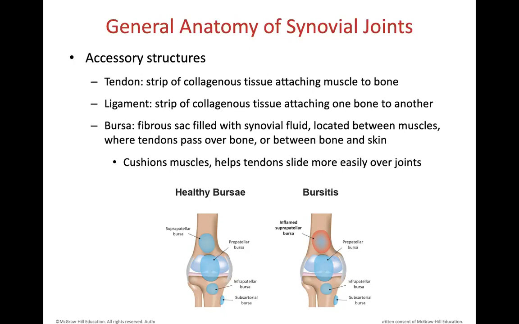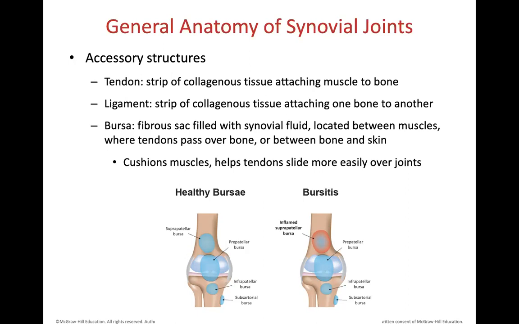You may have heard the term bursitis before. I feel like that's something that typically older people get, but younger people, if they're really active, it can happen as well sometimes. The bursa, these fluid-filled sacs, just become inflamed and it causes pain. They're not really as effective if they're inflamed.